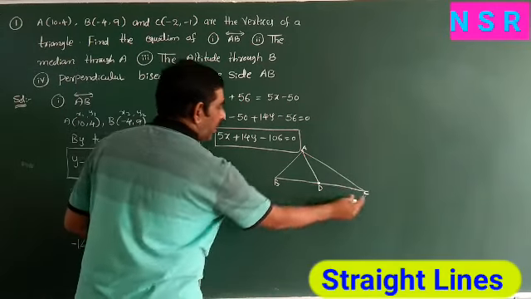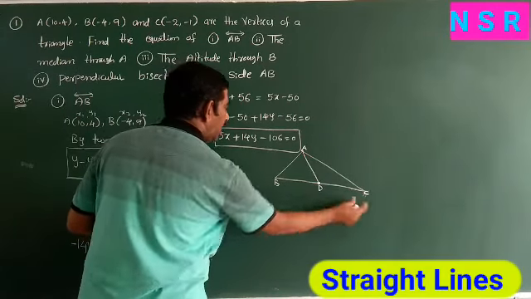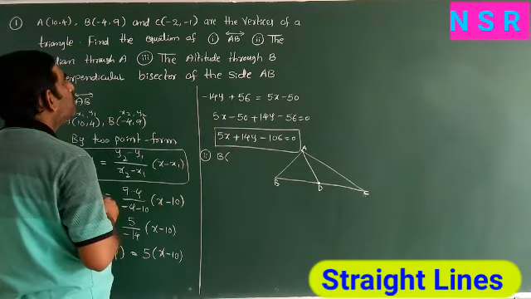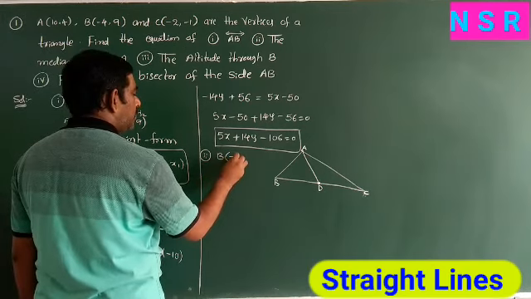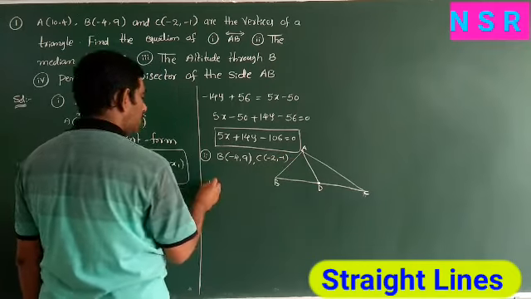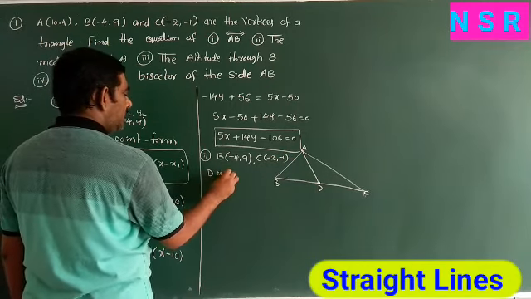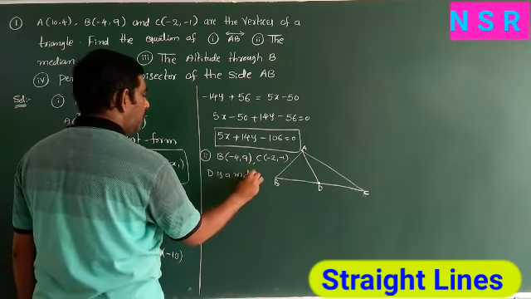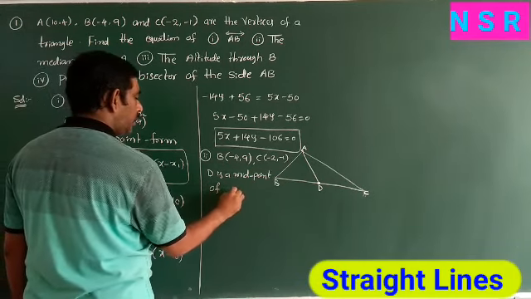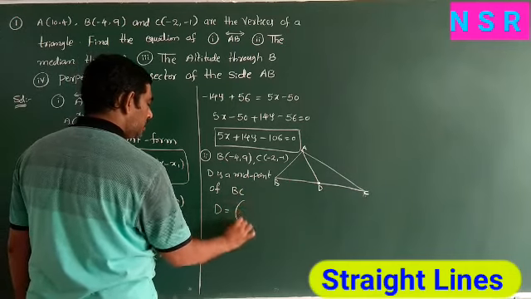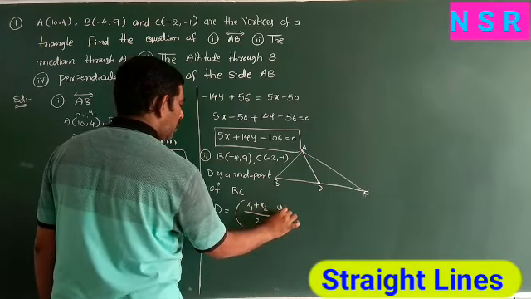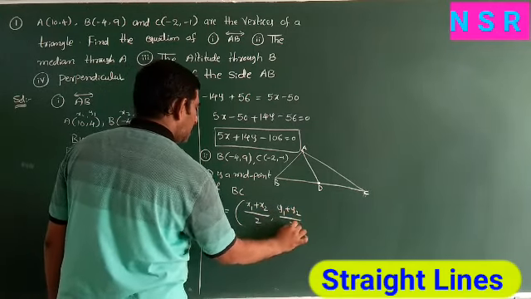So how to get the AD median equation? Before that, find the D value. D is the midpoint of BC. Already given B point is (-4, 9) and C point is (-2, -1). Now D is equal to ((x1 plus x2) by 2, (y1 plus y2) by 2).